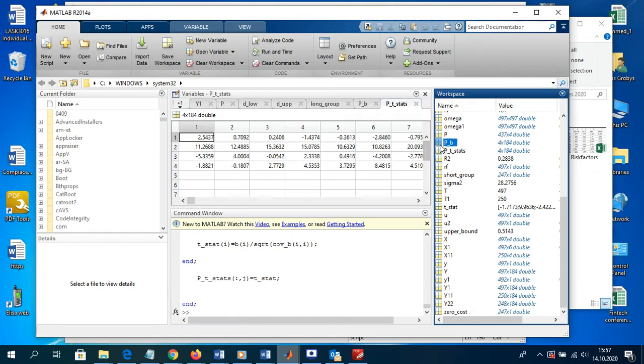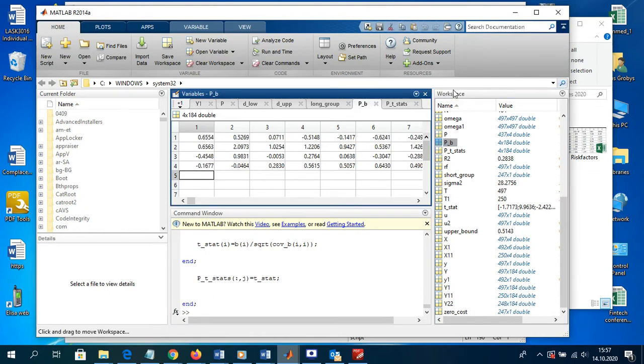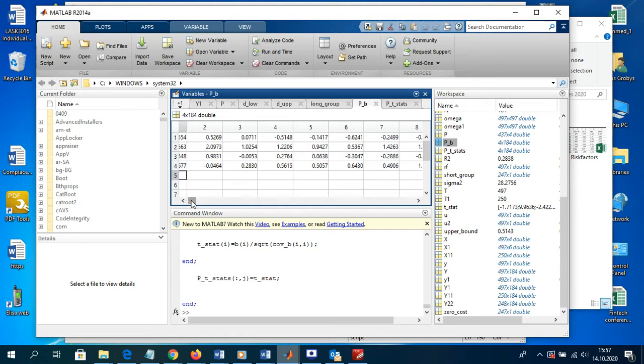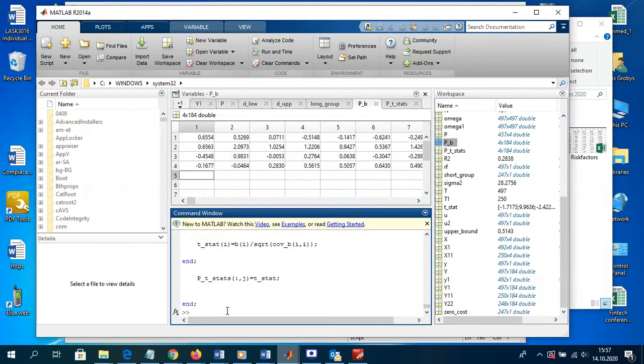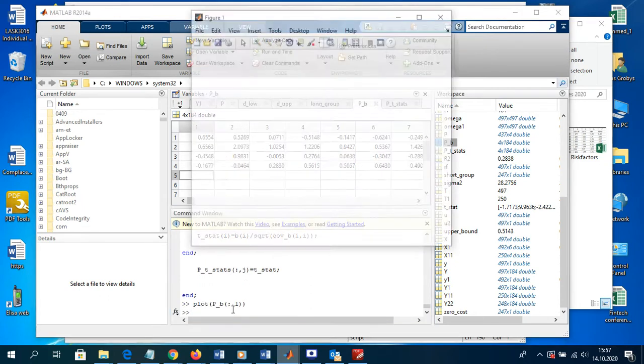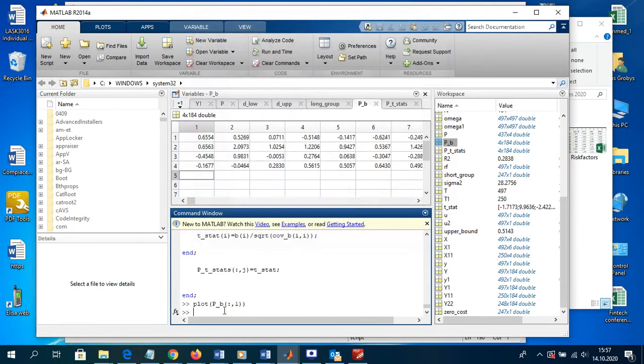So in our p underscore b matrix that we can see in our workspace here, we see the corresponding point estimates. So we can plot them. Let's plot the alphas. The alphas are obviously in p underscore b in the first row across stocks. That's wrong.